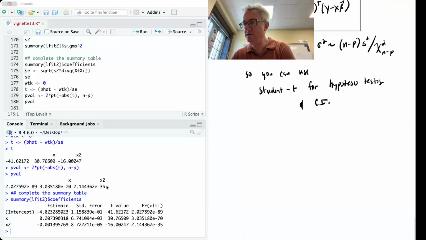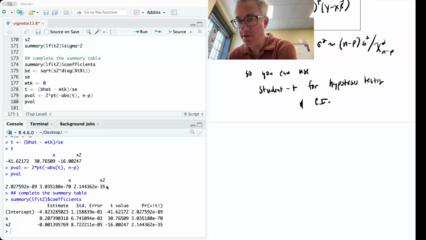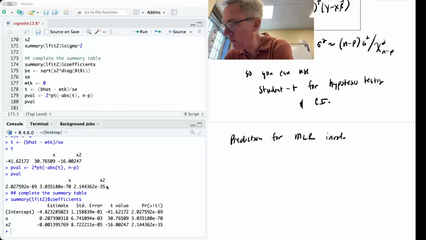And wrap up by saying something about prediction. So prediction for a multiple linear regression involves another projection.